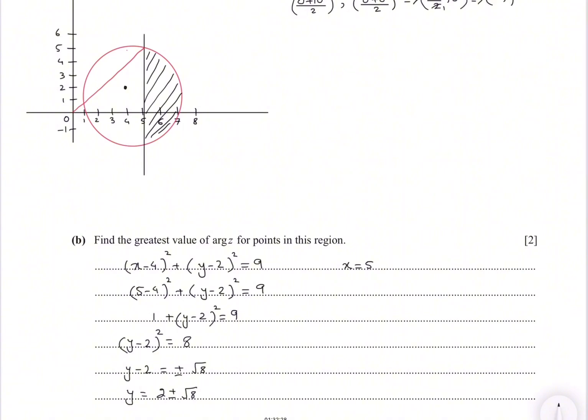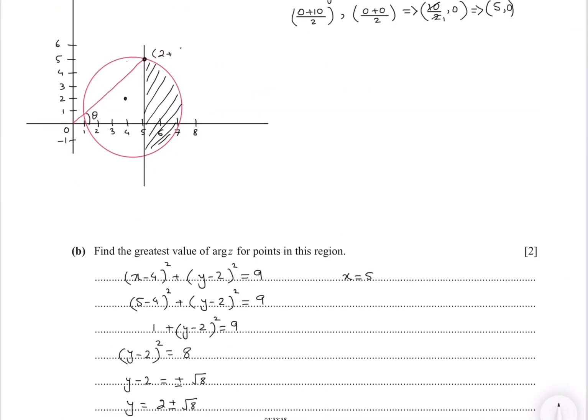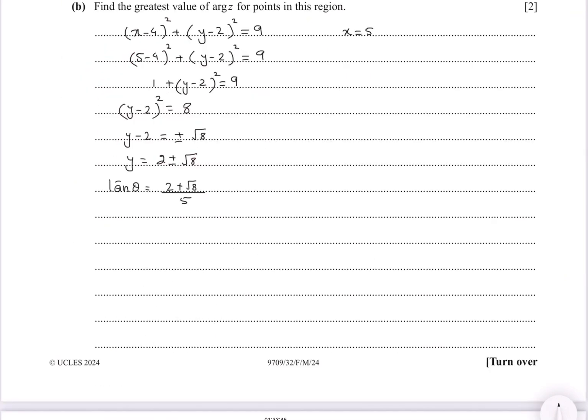So y is 2 plus or minus root 8. So for your greatest, tan theta is (2 plus root 8) over 5. So theta is tan inverse of (2 plus root 8) over 5, and argument z is maximum at 0.76 rad.